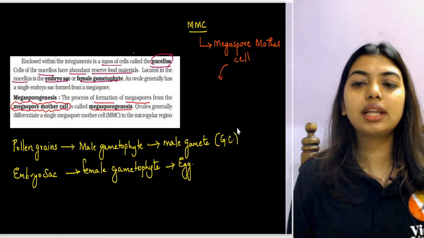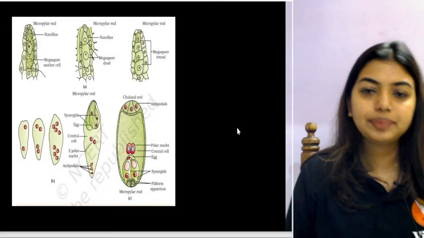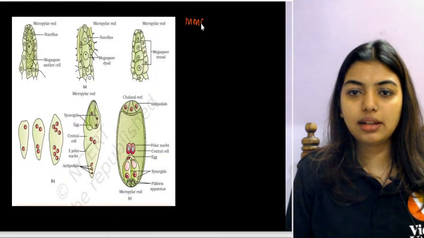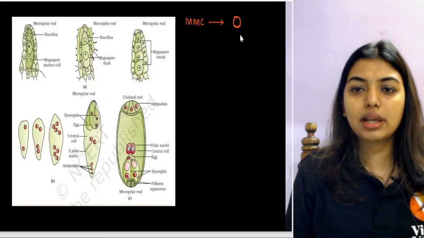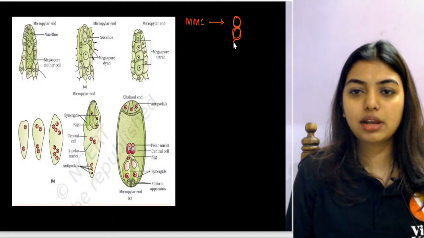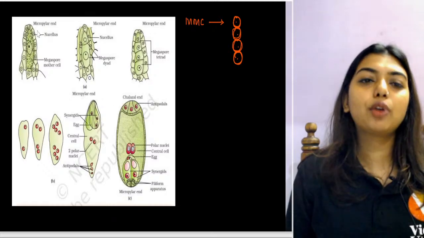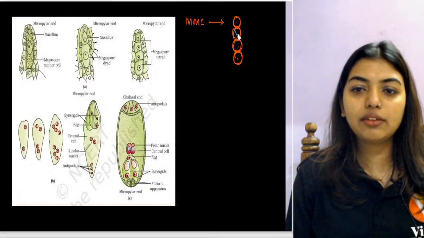Now students, here there is a catch, which I'll tell you here. Look here, the MMC, that is megaspore mother cell, will undergo division and it will form 4 megaspores, a megaspore tetrad. But the problem is, out of the 4, 3 will become non-functional.